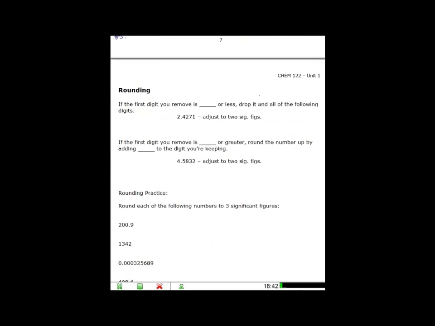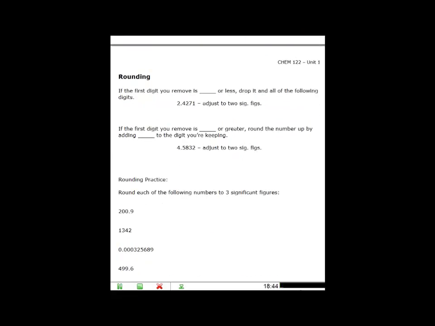So on page 8, I go over rounding. If the first digit you remove is 5 or less, drop it and all of the following digits. So if I take this number and want to adjust it to 2 sig figs, I'm going to draw my little bracket here.